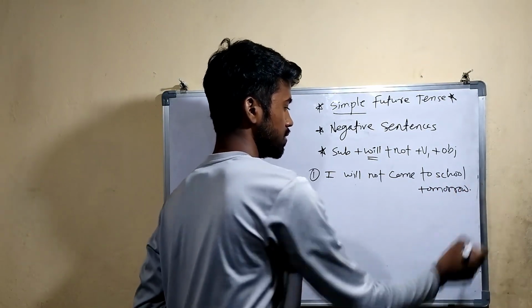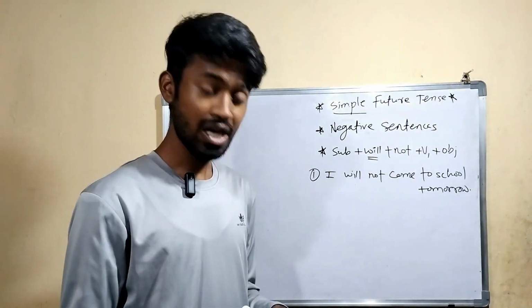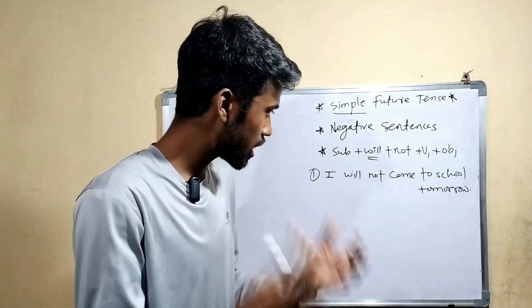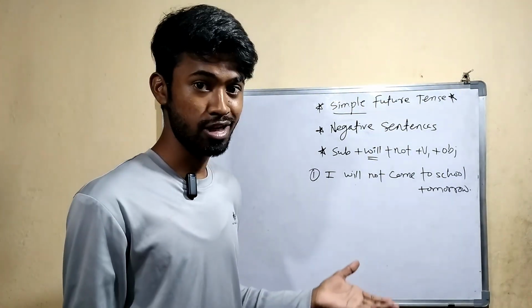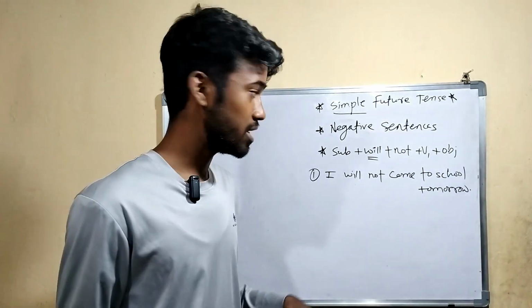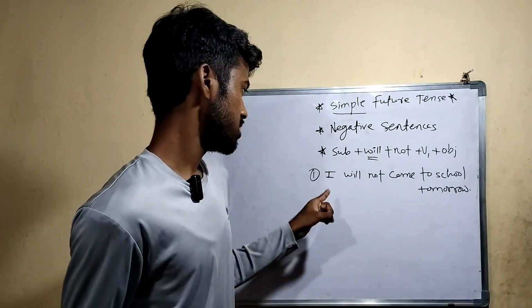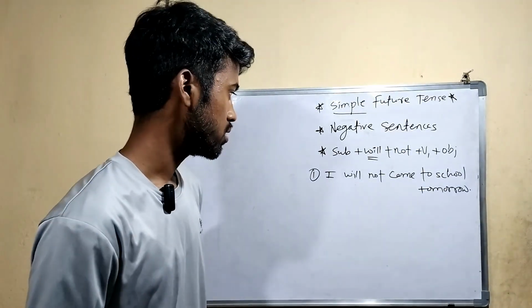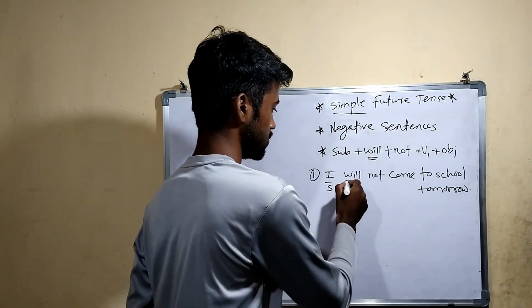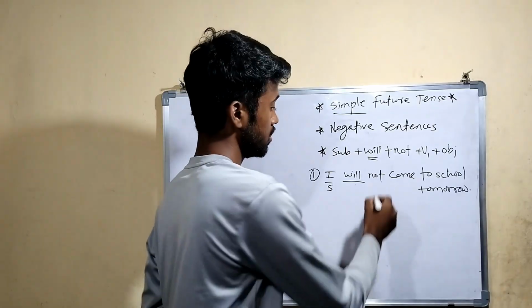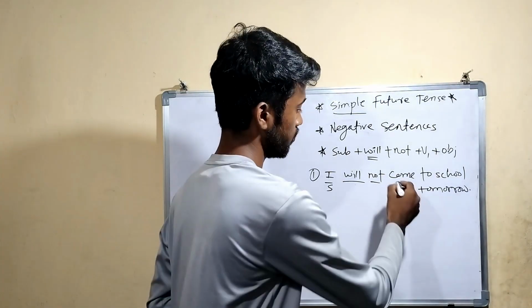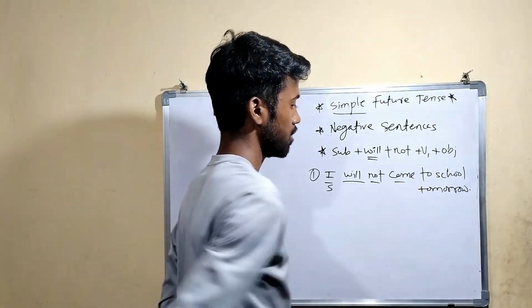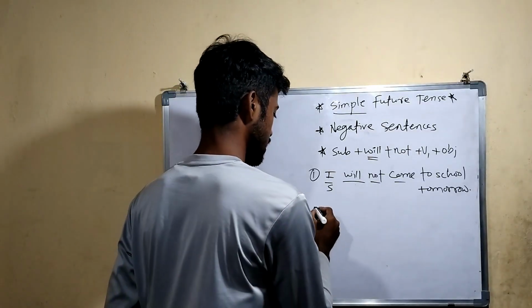No, you will not go, right? So to tell that sentence in English, we are learning English, right? So I'm not going to translate anything here. Just see, I will not come to school tomorrow. So here I is subject, this is will, helping verb, and this is not for negative. This is the first form of verb, and remaining part is object. Okay, let's see another example.